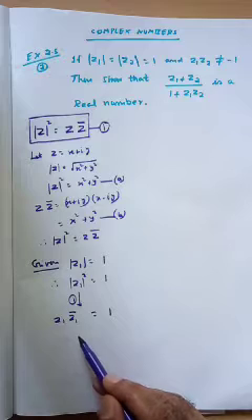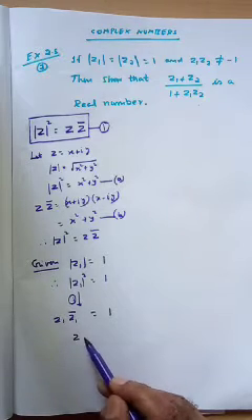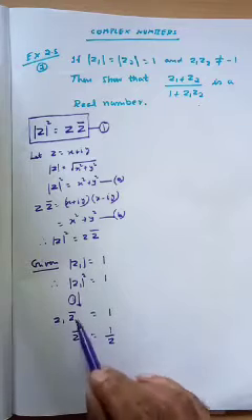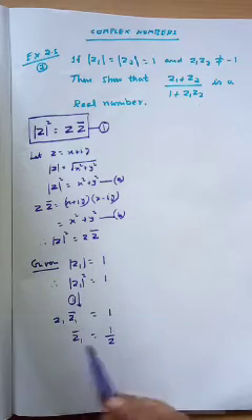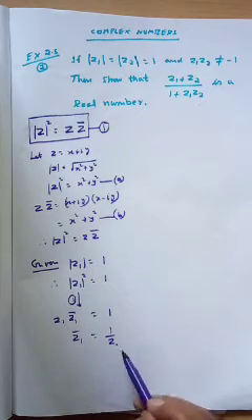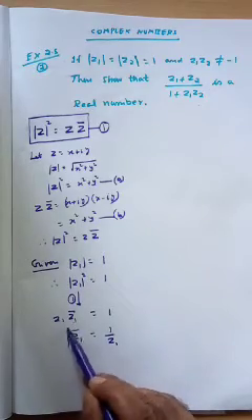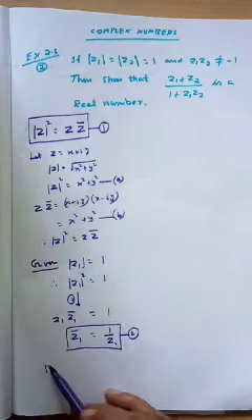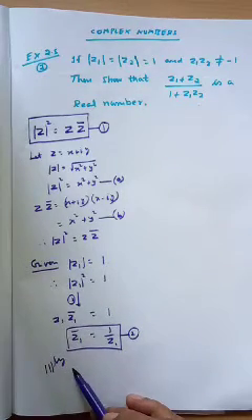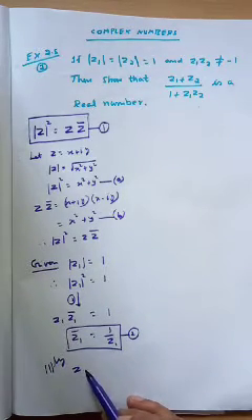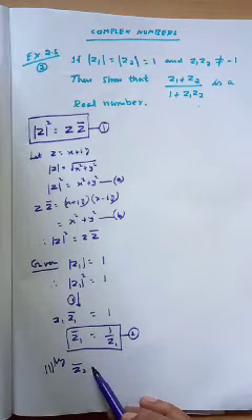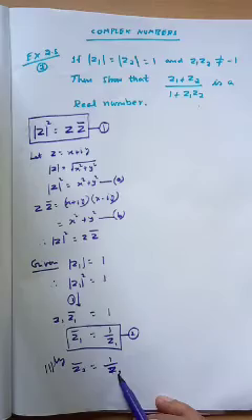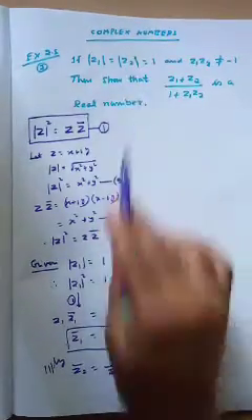So from here, what is our Z1 bar? That is equal to 1 by Z1. You can push the Z1 to this side, Z1 bar is 1 by Z1. Let us name this as equation number 2. So similarly we can say Z2 bar is equal to 1 by Z2, because that is also given as 1.